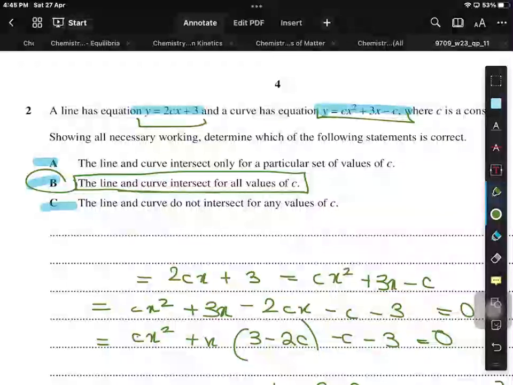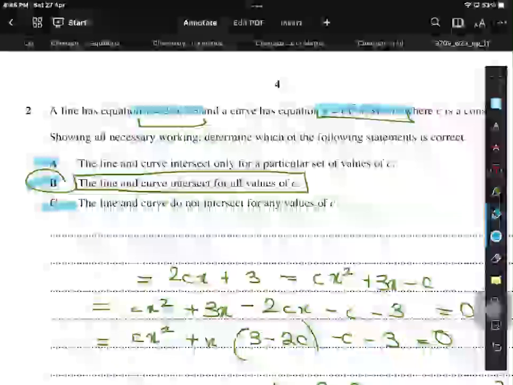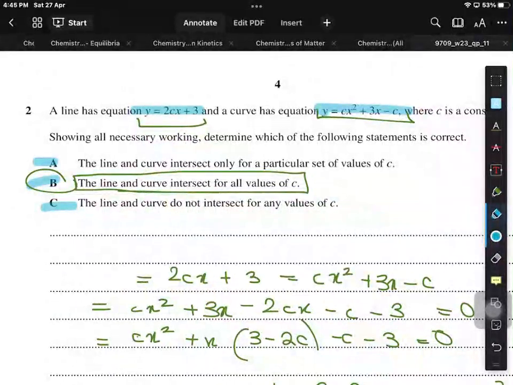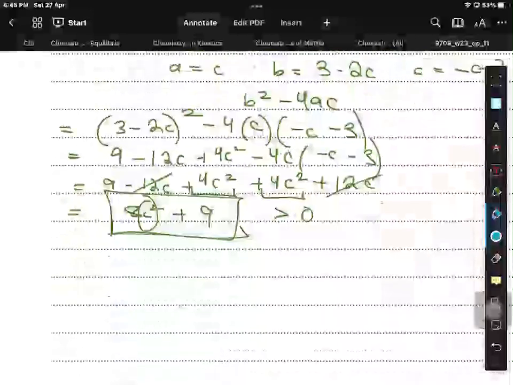It doesn't matter here, right? For particular values of c, not really. It intersects for all values of c. And does not intersect for any values of c? No, it does intersect, because that would be greater than 0, right? When b square minus 4ac is greater than 0, the line and the curve intersect at two distinct points, right? So that is our answer.